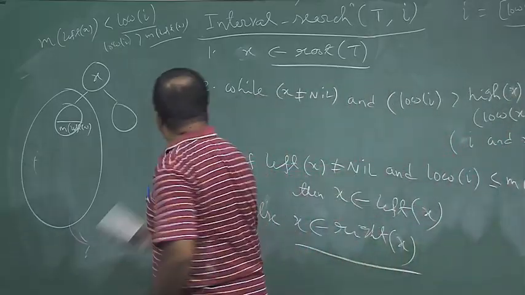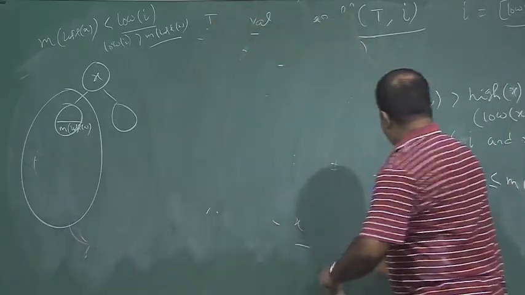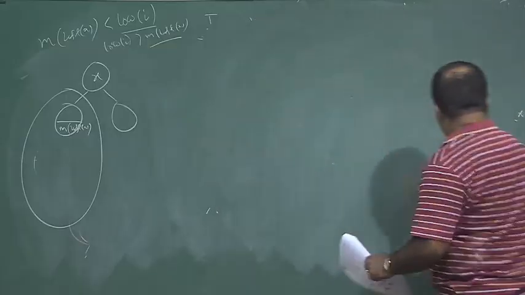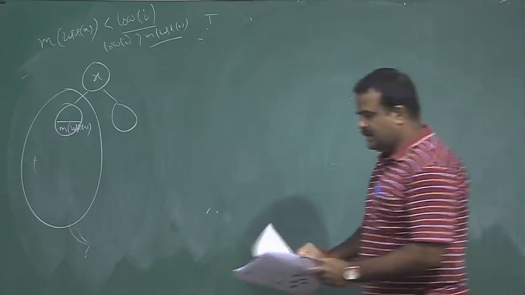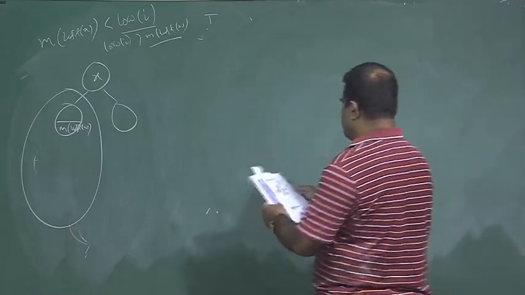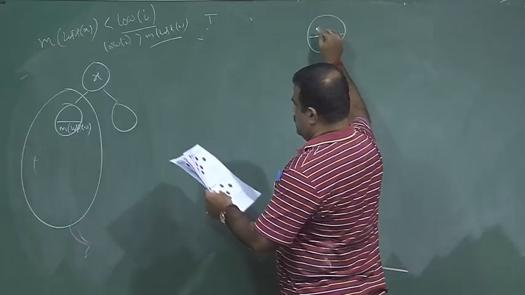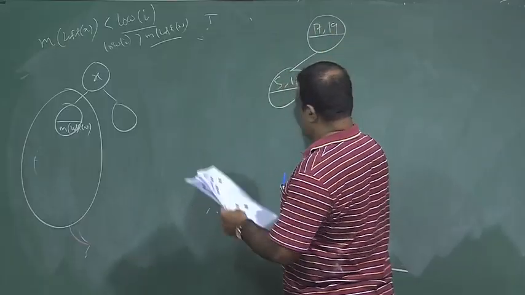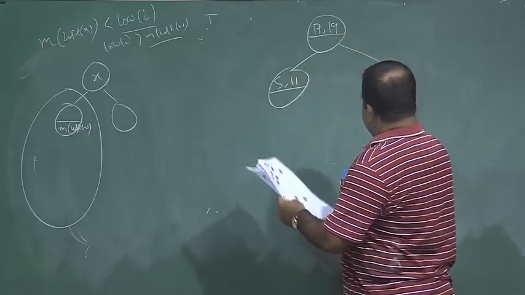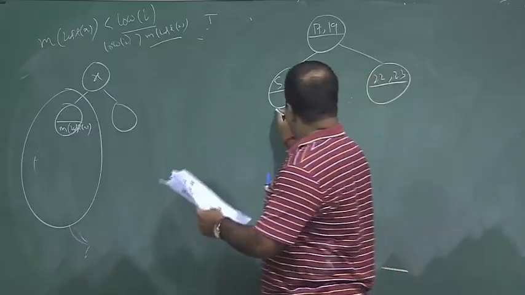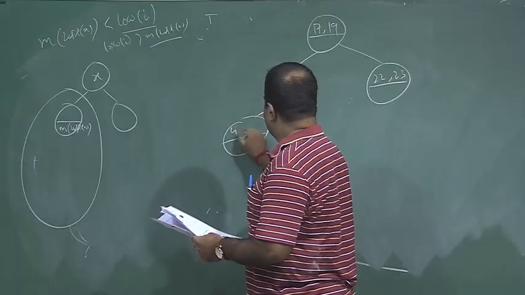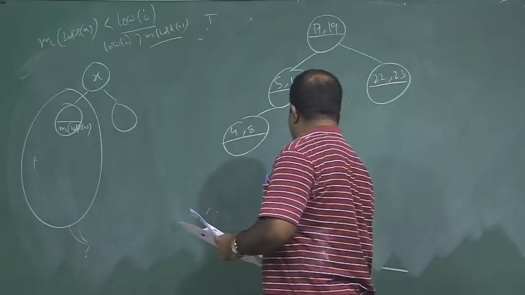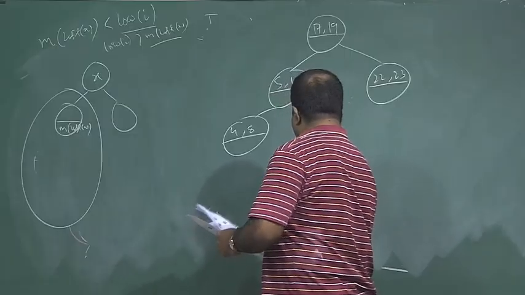Now let us take a quick example of how it is working. The same example, same tree. Suppose we have this tree: 17, 19; 5, 11; 22, 23; 4, 8; 15, 18; 7, 10.